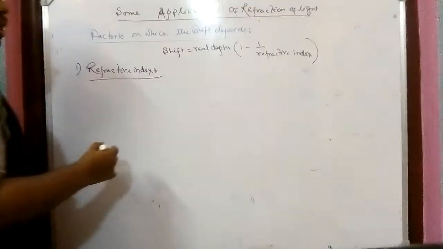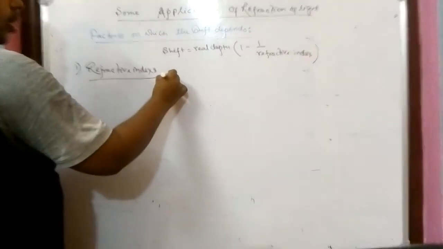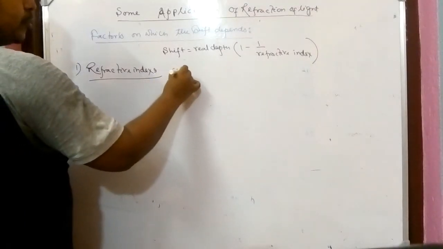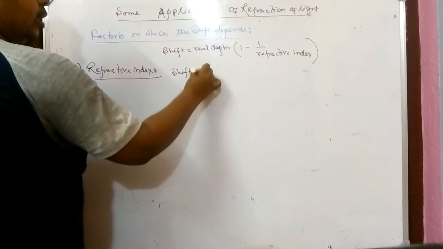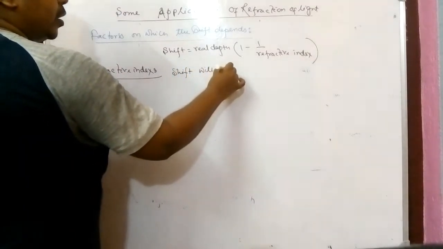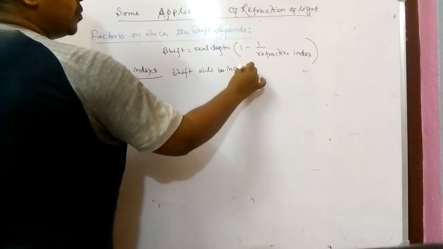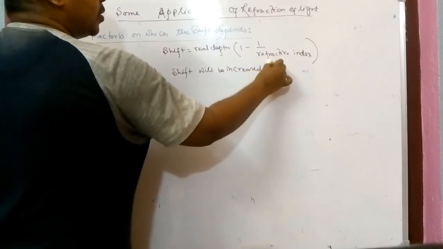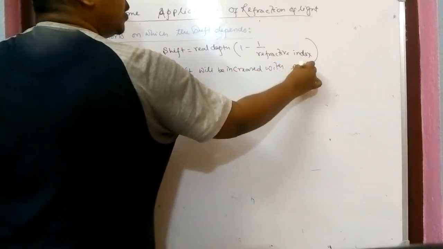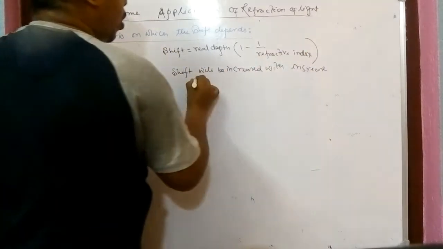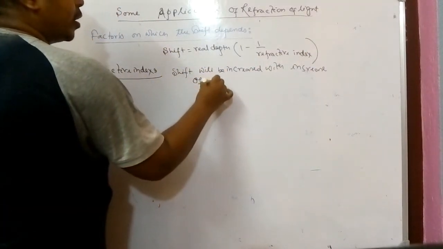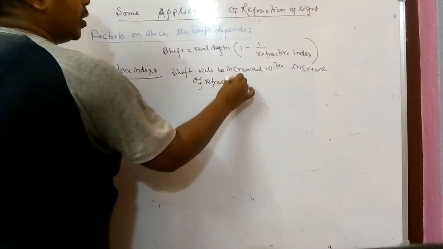So automatically the shift will be increased. So we can conclude the shift will be increased with increase of refractive index.